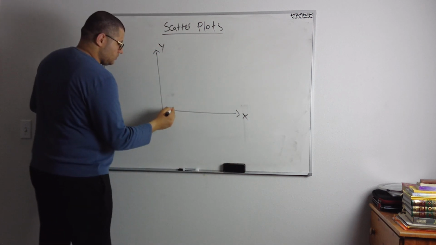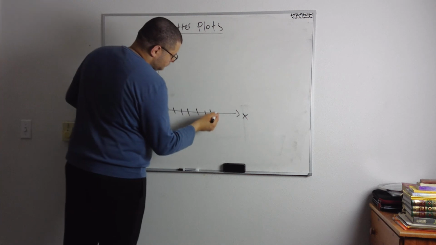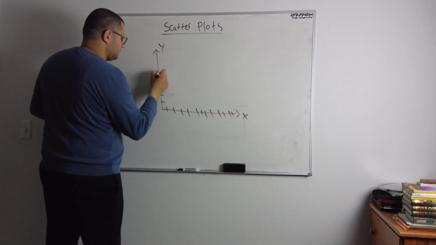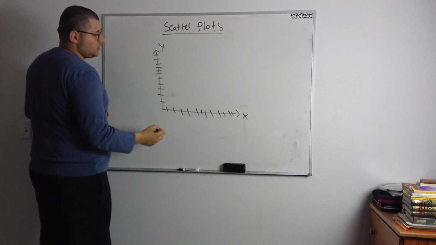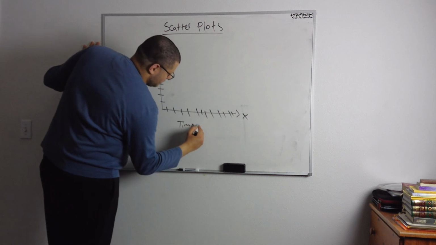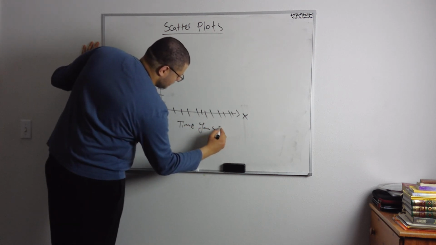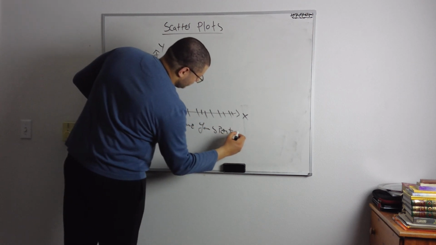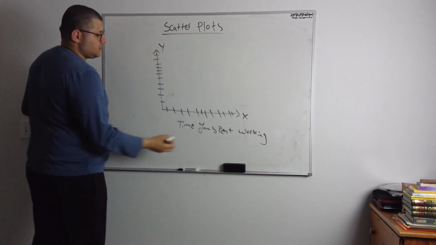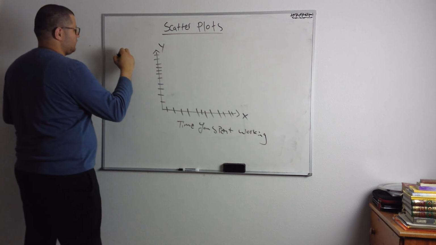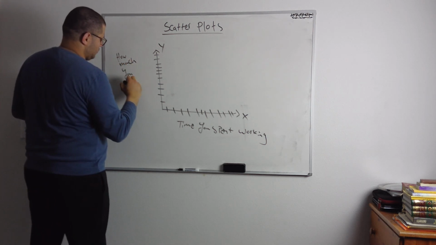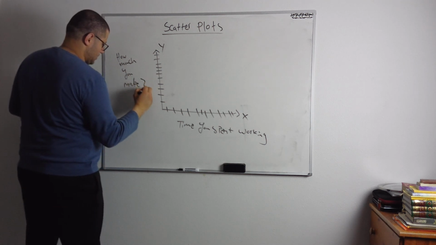So let's say here we have values, and here we have values as well. And let's say the x here is the time you spent working, and the y here is how much you make, in terms of dollars.